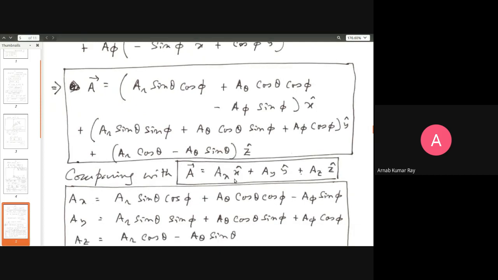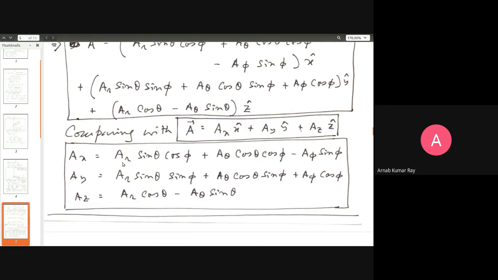Now you compare this with the Cartesian system. In the Cartesian system, you should have A_x x cap plus A_y y cap plus A_z z cap. You compare this thing with here because A in both the systems is the same. Therefore, it stands to reason that A_x will be equal to this whole thing in the bracket, A_y will be equal to this whole thing in the bracket, and A_z will be equal to this whole thing in the bracket, and that's how you write it.